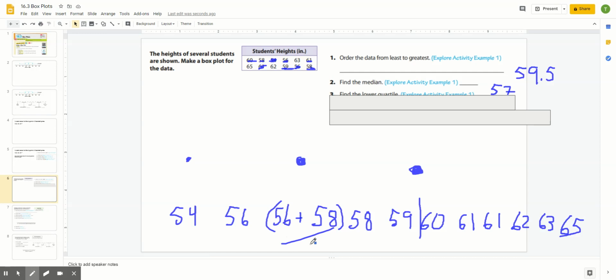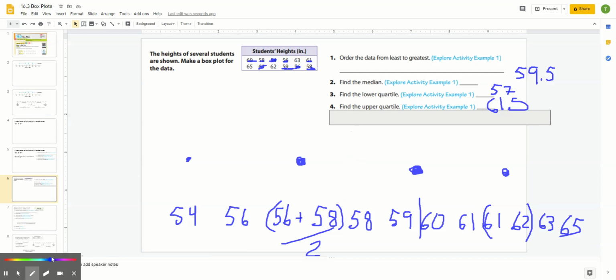That will get you to 57. Hopefully you guys can see that's the halfway point. Next one is upper quartile. Find that. 1, 2, 3, 4, 5, 6. It's going to be in the middle, right here, halfway in between 61 and 62. So that's going to be 61.5.